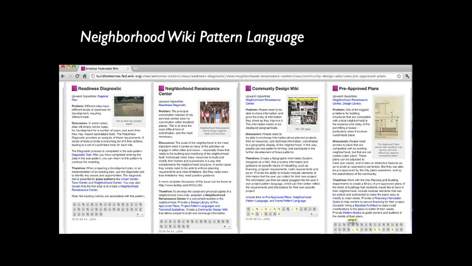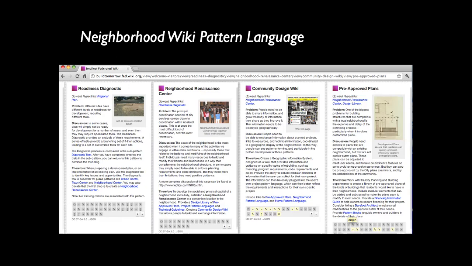Here's a neighborhood wiki pattern language. This grew out of our work in New Orleans after Hurricane Katrina. And in fact, that was when I met Ward and Christopher Alexander and I and Andres Duani and a number of other people got together and said, look, one of the fundamental problems that we have in New Orleans is that people don't have access to the resources right on the ground where they need to rebuild their homes and their businesses and their neighborhoods.